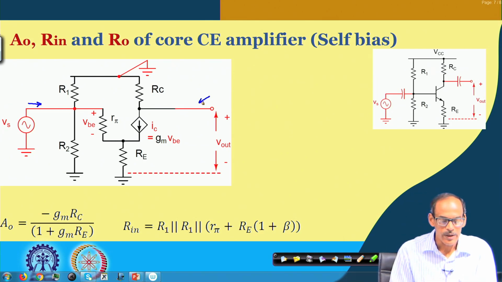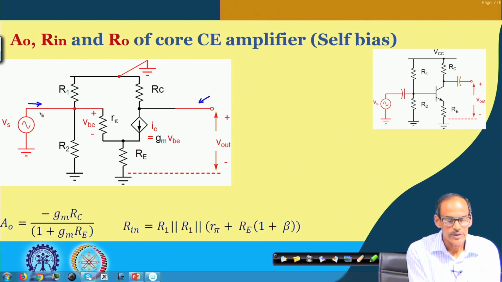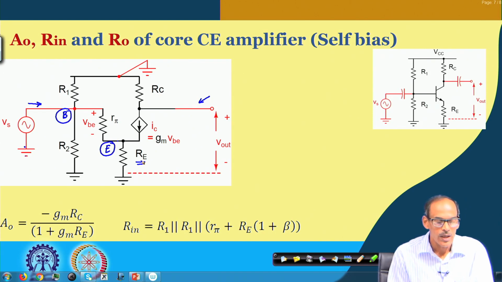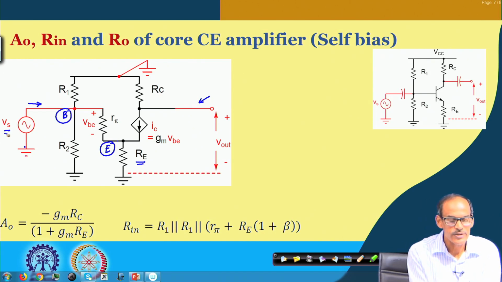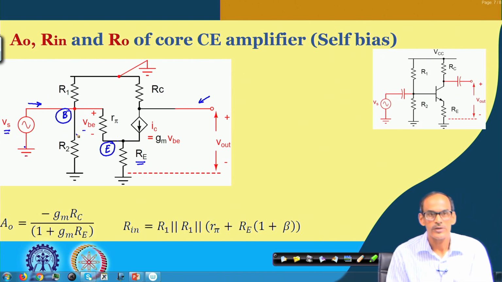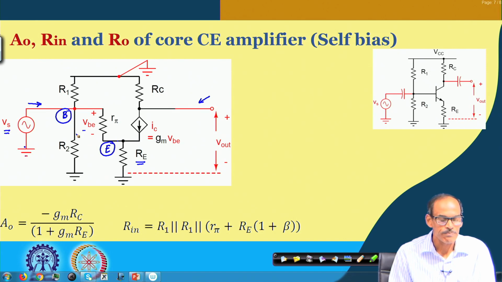Now, what we are doing, that input we are giving at the base node with respect to ground, but then the emitter of the transistor is not connected to ground, rather it is connected to ground through this RE. As a result, this Vs and VB are not equal, but of course, they are related. So, let us try to see how they are related.